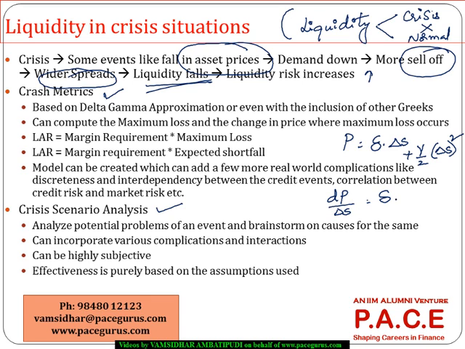So this becomes delta plus gamma by 2 into 2 delta S. From here, setting this first derivative to 0, because I want to find out the maximum loss that can occur in this position, I get delta S equal to minus delta by gamma.